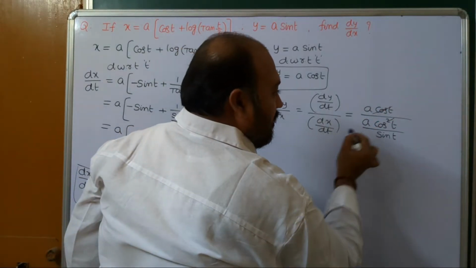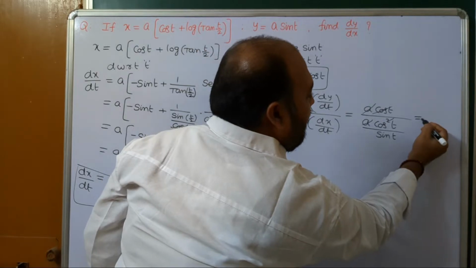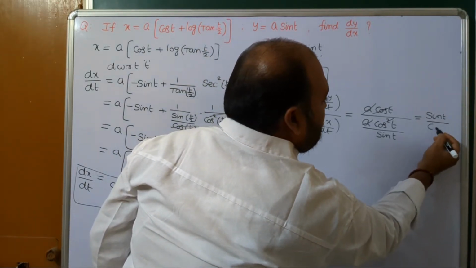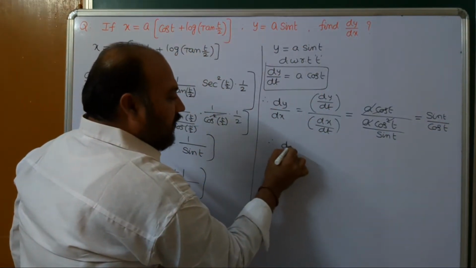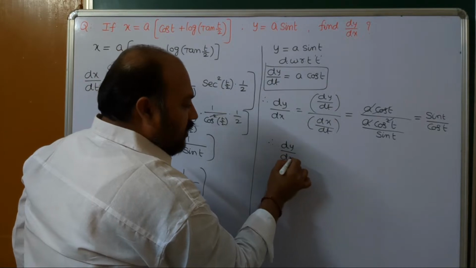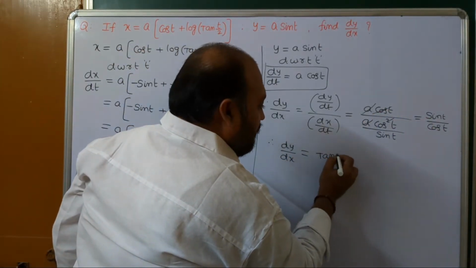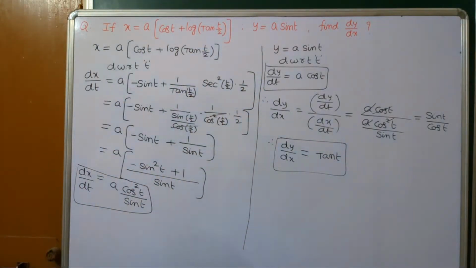Cos t, cos t, a get cancelled. Denominator of a denominator, numerator. So sin t divided by cos t. Therefore, dy by dx is equal to sin t by cos t, tan t. So this is the way we can get the answer, dear students.